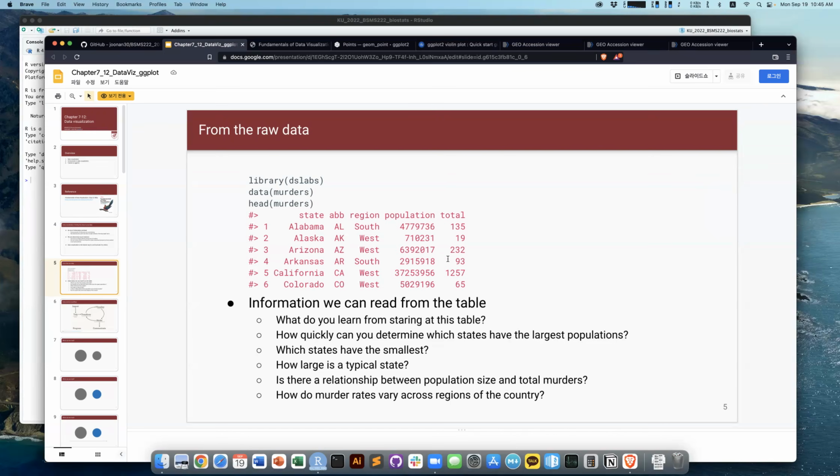Is it easy to find from this table? Yes or no? It's obviously no, right? I mean, this is just 6 rows. But let's say if you have 40 rows in this table, then it's not easy to find the smallest value. So in this situation, without visualization, it's really hard to get a sense in one glimpse, right?